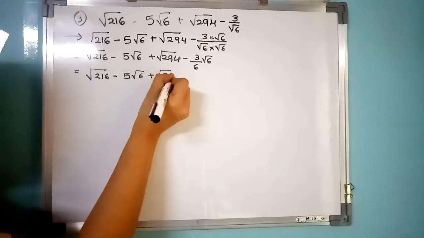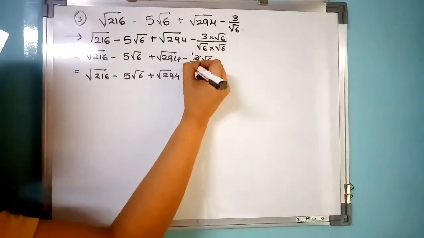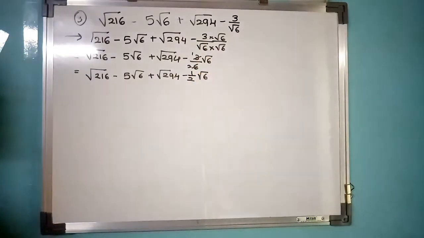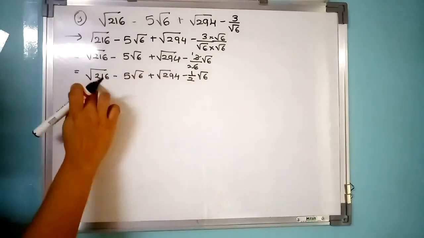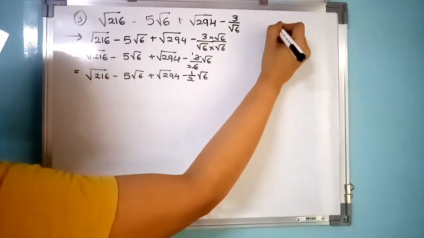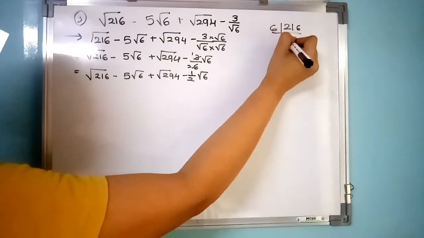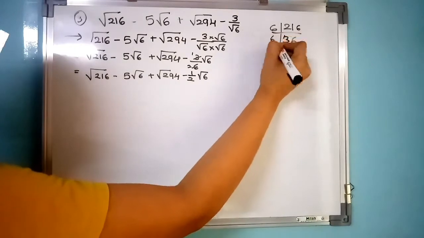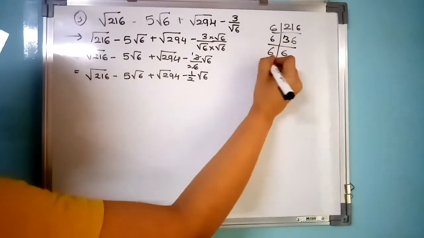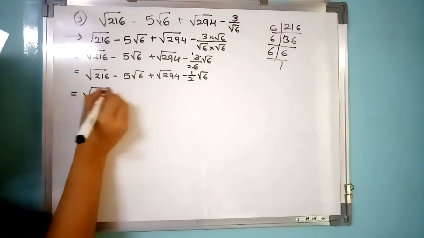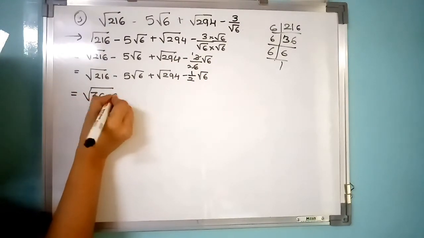To bring that, let us simplify 3 upon 6 as 1 upon 2. Now already 2 terms have only root 6. So root 216 will be converted to root 6 form. Generally, what number we have in surd form, divide the given number by that. So we get that particular term.